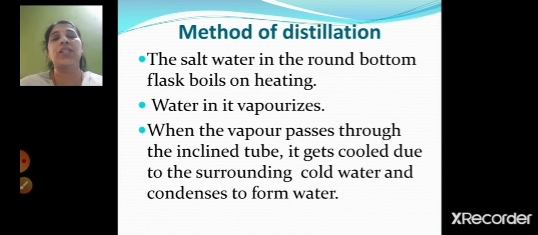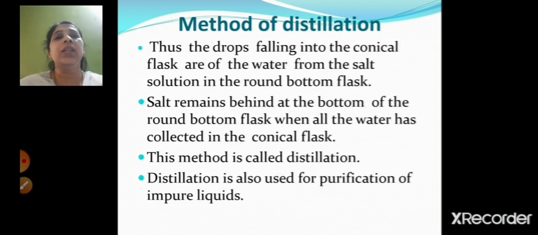That means from gas form it gets converted into liquid. Thus the drops falling into the conical flask are of the water from the salt solution in the round bottom flask. Whatever water is collected in the conical flask is the water which was there in the round bottom flask containing the salt water.